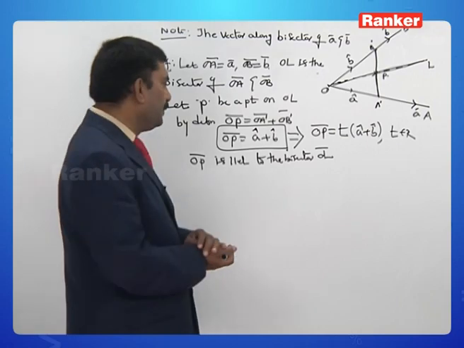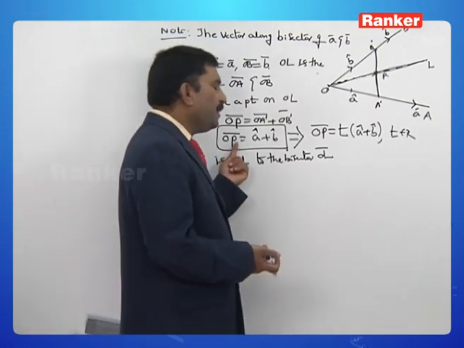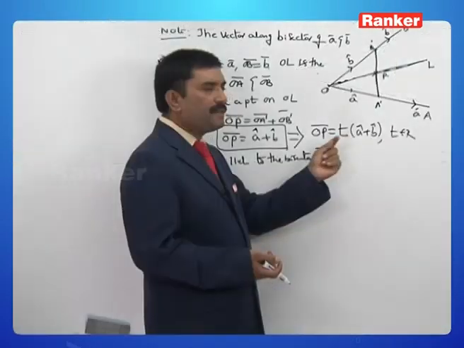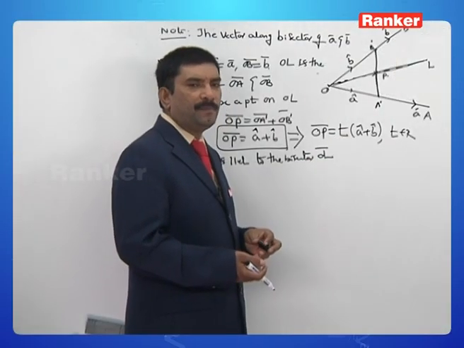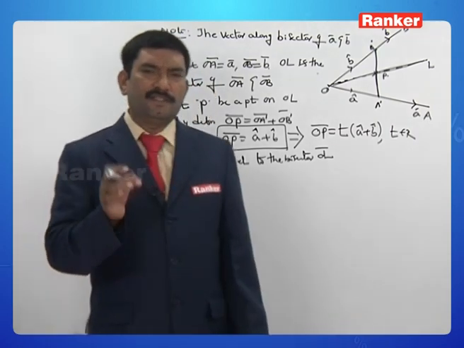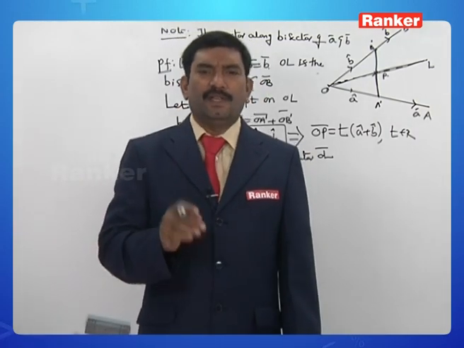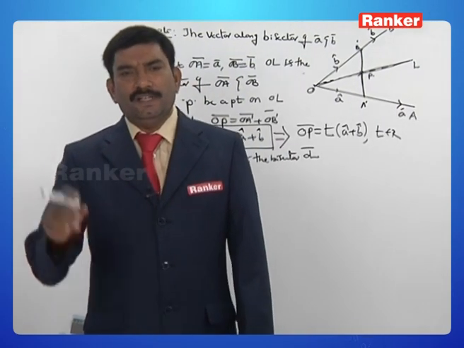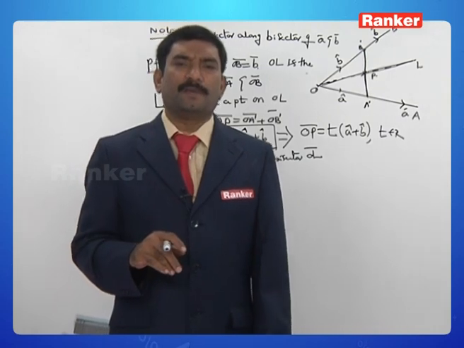So therefore, now OP bar is equal to A cap plus B cap, or else OP bar is equal to T into A cap plus B cap. When you know the vector, it is easy to find out a unit vector. What is unit vector? It's a direction by its magnitude.